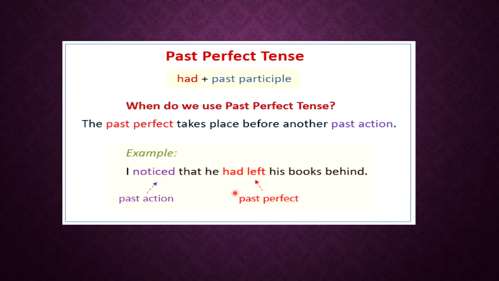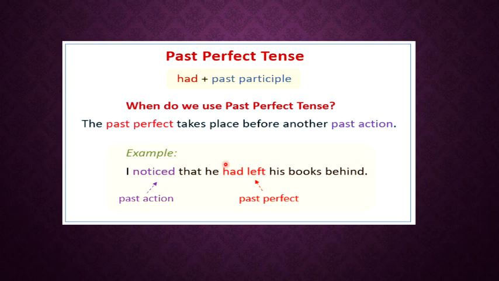Yes, of course. First, the books were left, then only someone noticed it, right? So that is why the action that happened first, the action that takes place before another action, will come in past perfect tense. Alright?